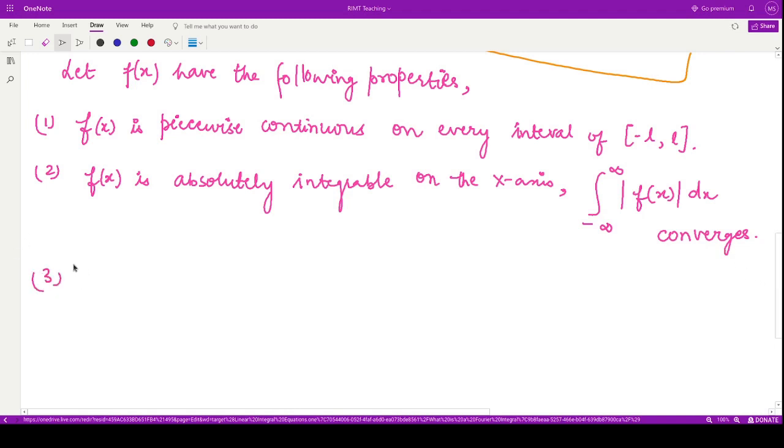That means it will give you some finite result. And the third property the function should follow is that at every point x on the real line, the function f of x should have left and right hand derivatives.